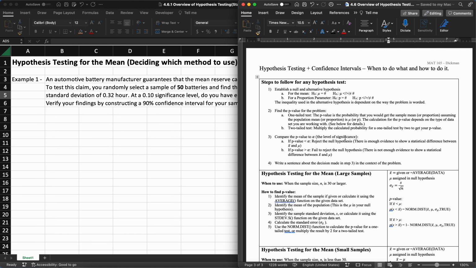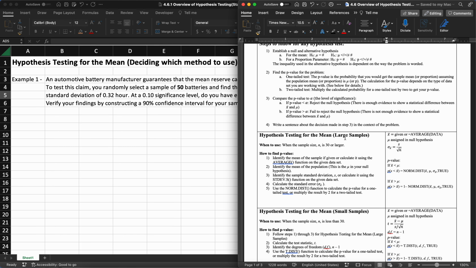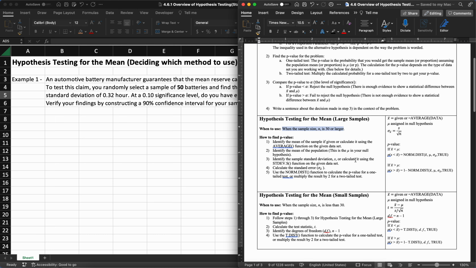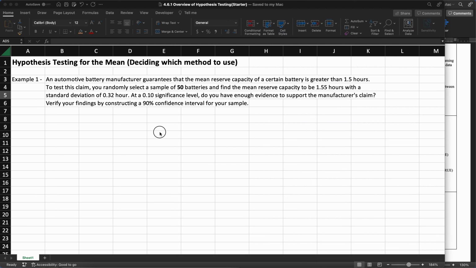So not only does this give you how to find P, but it also says when you're supposed to use that particular type. As we go through these examples, I'll reference that document to help you navigate that a little bit better. So let's start with example 1 here.